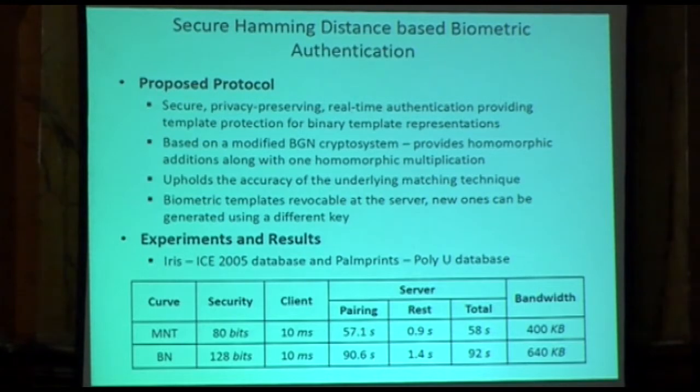Our protocol is based on a modified BGN crypto system, which provides homomorphic addition operations as well as one homomorphic multiplication. In the original BGN crypto system, the computations were prohibitively slow. But the modified one based on prime order groups makes the computations feasible, though the times are a little bit high, but the server-side operations are parallelizable.